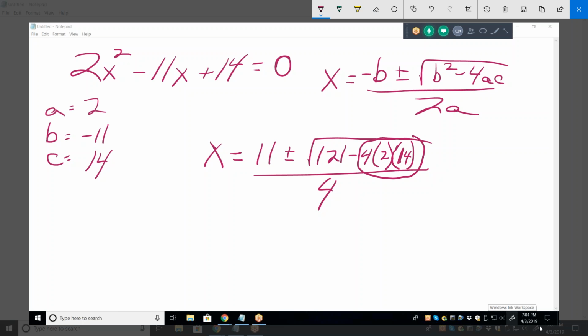And if it is a positive number, then we have real solutions. If 4AC is bigger than the b squared, then you're going to have a negative number in the radical. And that is what gives you imaginary solutions. Imagine that they've taught complex numbers to you.